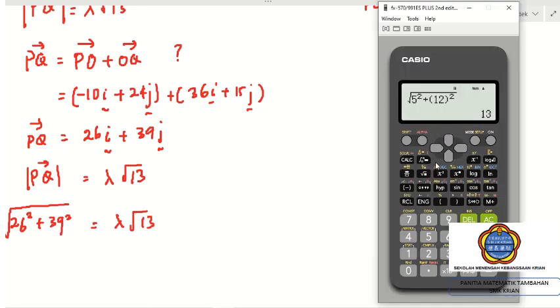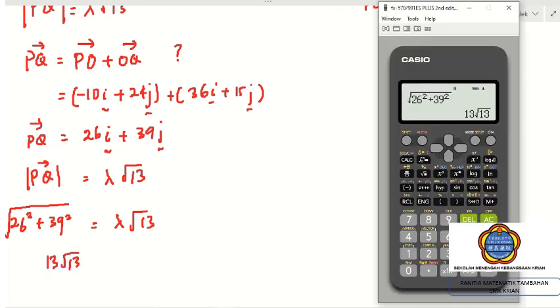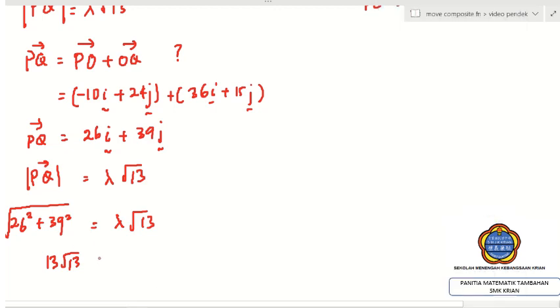From our calculator, the square root of 26 squared plus 39 squared equals 13 times 13. So lambda is equal to 13. Okay, finish question B.